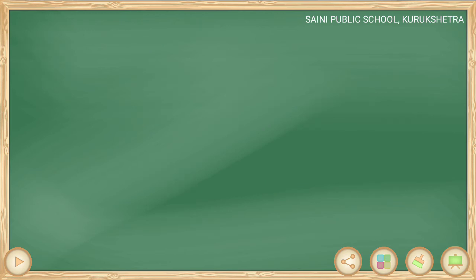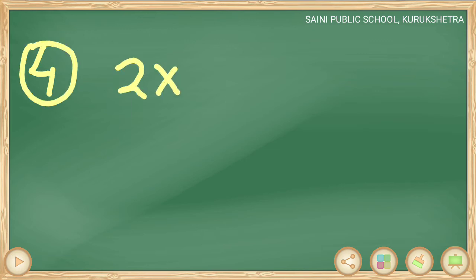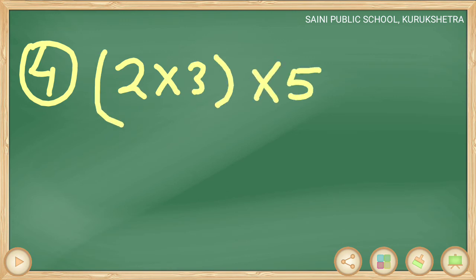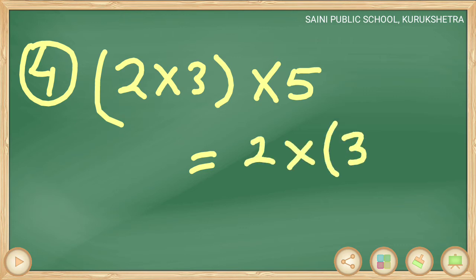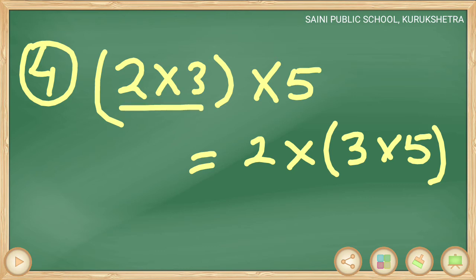Now the fourth property says a change in grouping of 3 or more numbers doesn't change their product. You can see here carefully in this example: 2 into 3 and then into 5 is the same as 2 into 3 into 5.